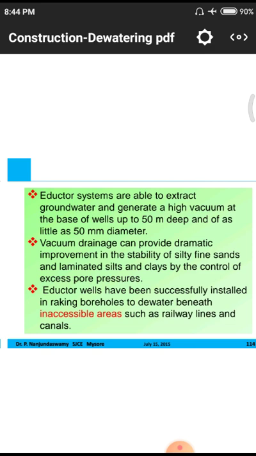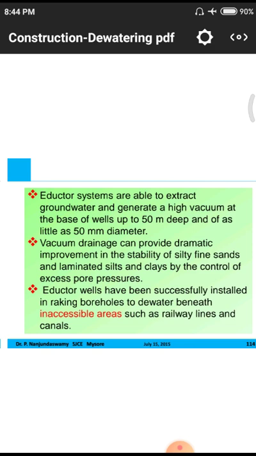In those cases also, these ejector wells have been successfully installed. Why? Because ejector wells need to give too much pressure and too much stability. Normally railway lines may have less stability of the earth surface. In those conditions of less stability, these ejector wells are very useful for carrying groundwater to the top layers.